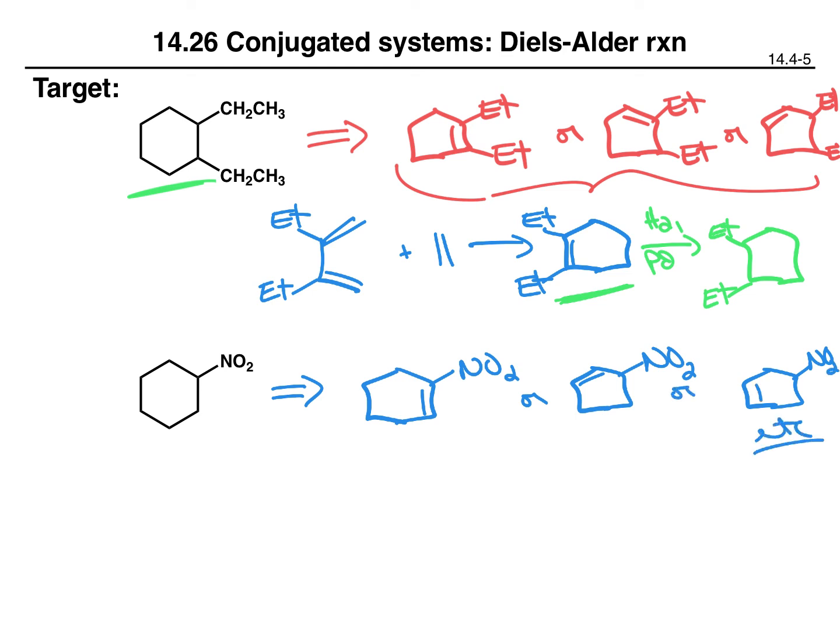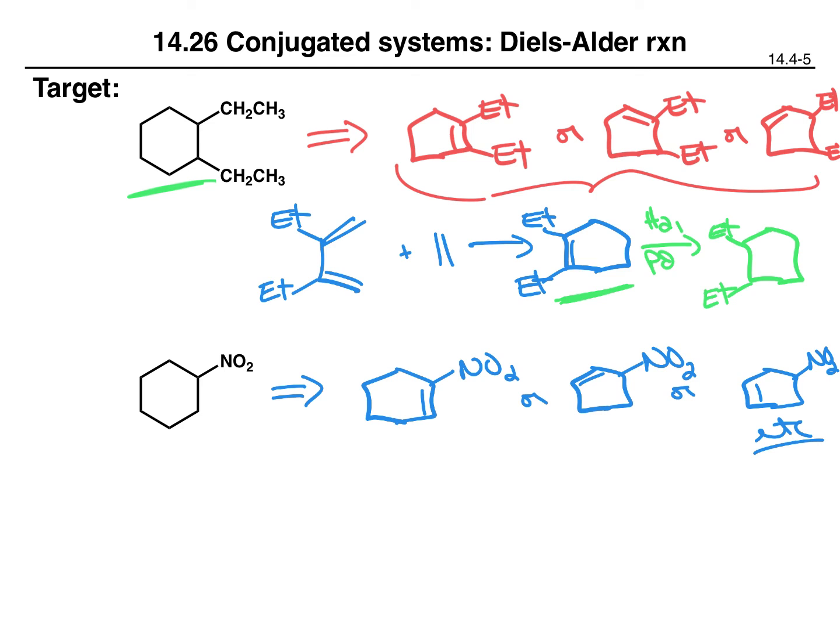Let's think about this. The nitro group is a very strongly electron withdrawing group. Oxygen is stealing electron density from the nitrogen, which is stealing electron density away from the carbon, so the nitro group is an electron withdrawing group. So we want the electron withdrawing group to be on the dienophile, not on the diene.